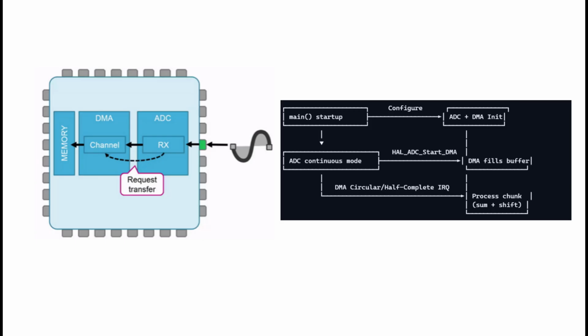There's still some CPU load from the interrupts, 2 per buffer cycle using half and full, but it's way less than per-sample interrupts. Memory alignment can sometimes be important for DMA performance, so check the microcontroller's reference manual. And some newer, more advanced microcontrollers actually have hardware oversamplers built right into the ADC peripheral itself. They can do the summing and shifting automatically in hardware, requiring even less CPU work, which is fantastic.